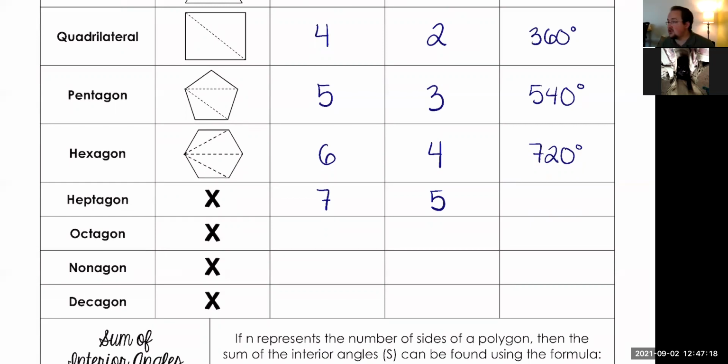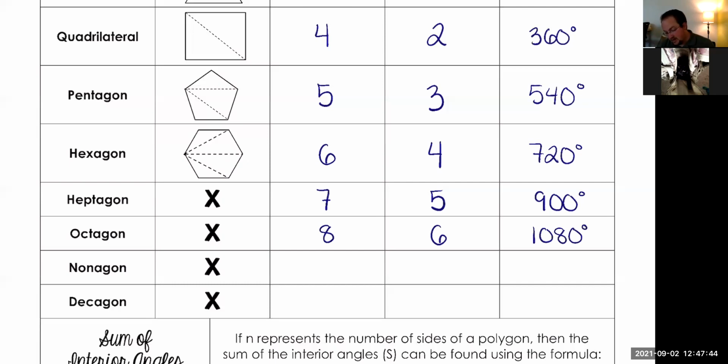Well, every time you add another triangle, how many more degrees do you add to it? Another 180. So I think this one should be 900. Yep. And then just to complete this table here, an octagon has 8 sides for a total of 6 triangles for a total of 1080 degrees.